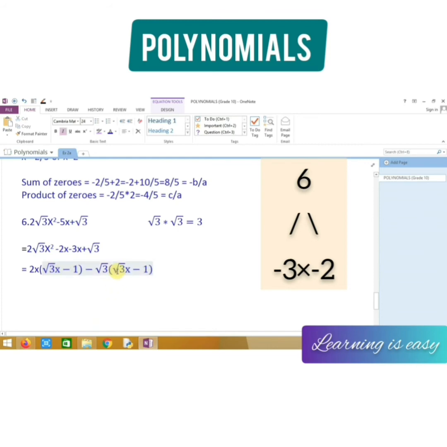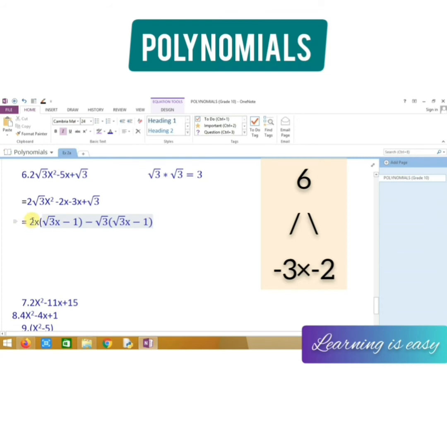So we know square root of 3 into square root of 3 is 3x. So the two factors can be 2x minus square root of 3 and square root of 3x minus 1.